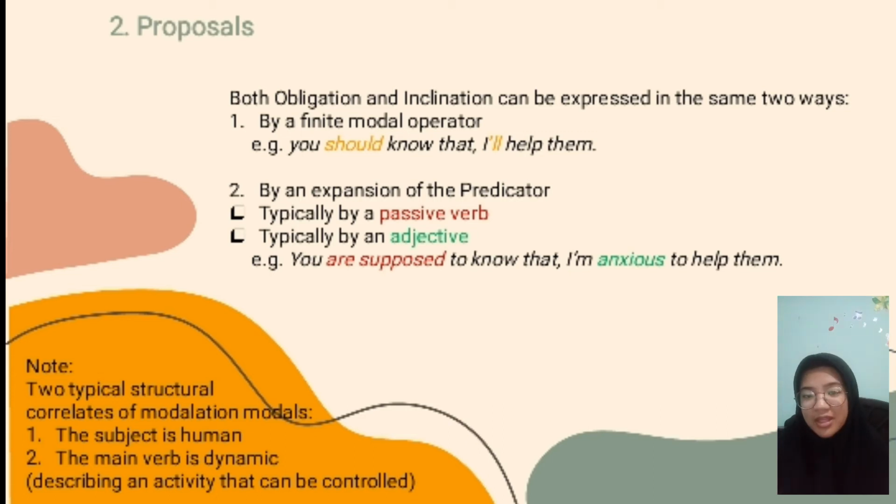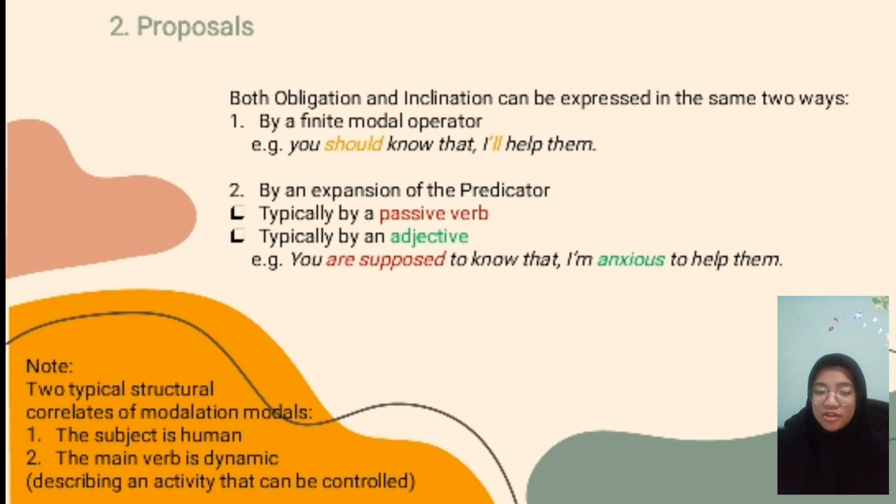You should know that. And the second one is I'll help them. And then by an expansion of the predicator, typically by a passive verb and then adjective. In the example in the slide, you are supposed to know that it is the passive verb, and the next example is I am anxious to help them.